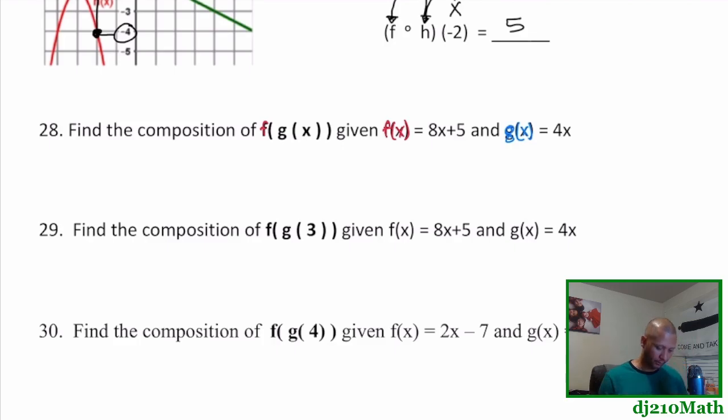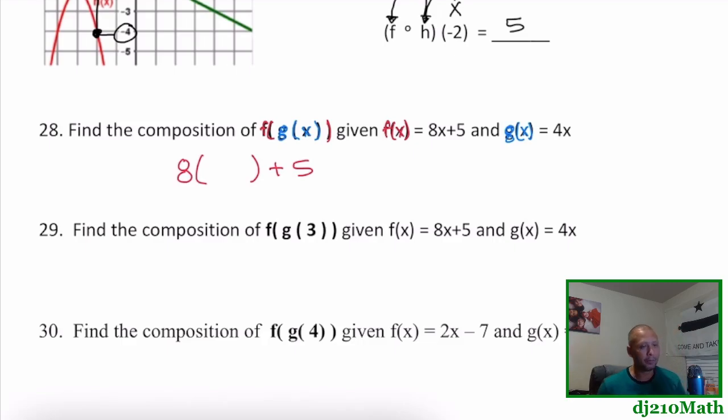All right. So g of x is the input into f. So f is 8x plus 5. Notice, wherever there's an x, I always leave a gap. That's just my little technique.